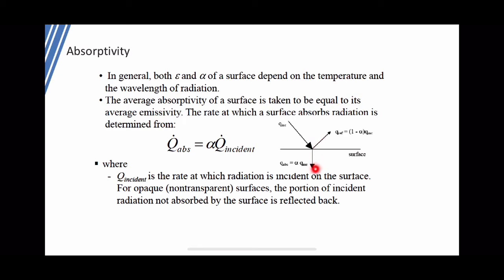A part of it will go inside and a part of it will be expelled from the surface. So Q incident will touch a surface, then Q reflected will be reflected, and whatever is absorbed is Q absorbed into the surface. If this body is fully black, then everything will be absorbed already. There will be no reflection here.